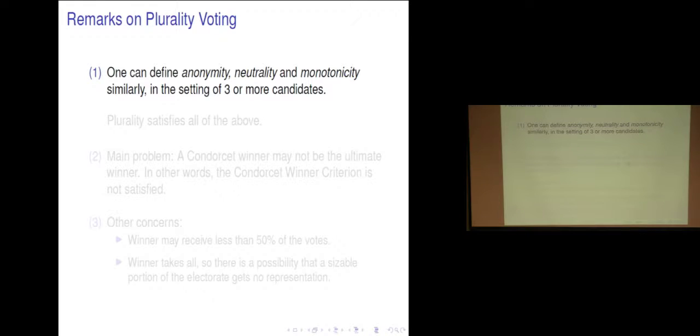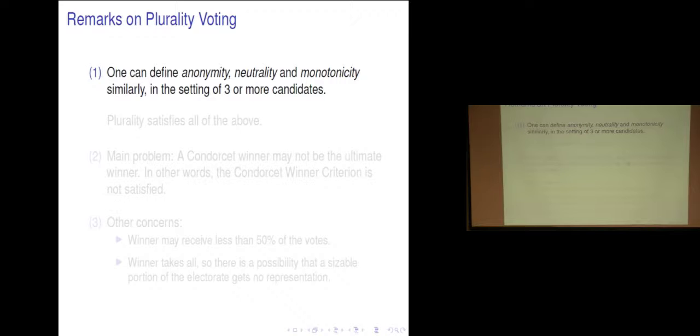And neutrality means all the candidates are treated equally. There's no favor for a particular one, right? Monotonicity says, suppose A is a winner. If you move some losers' votes to A, then A is still a winner. So the winner gets more votes, and it doesn't hurt. So this is monotonicity.